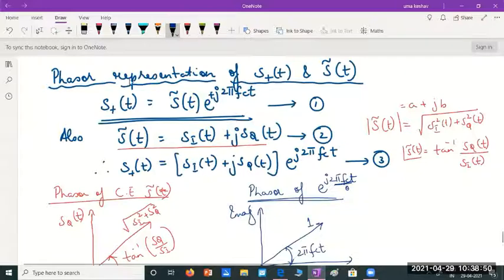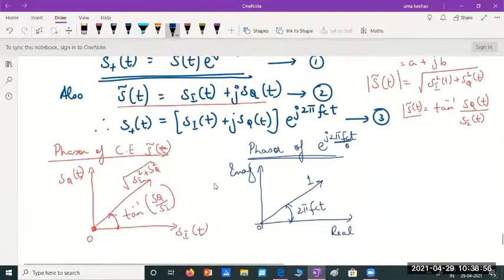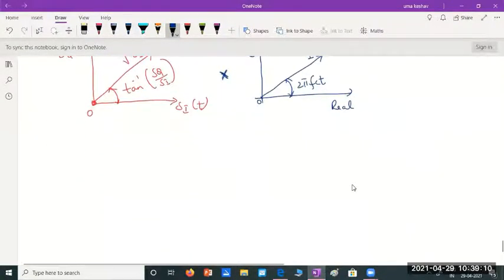Now let me draw the phasor for s plus of t. How do you get it? It is a combination of these two. You multiply this phasor with this phasor, and you should get the phasor for s plus of t. Let me draw it below.